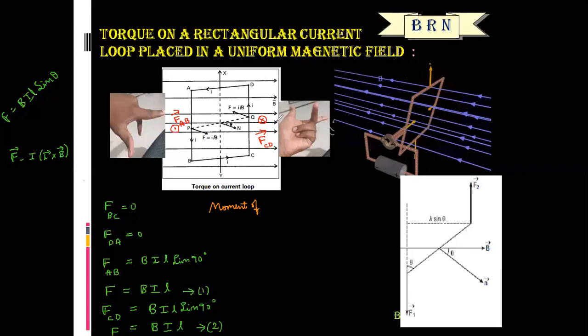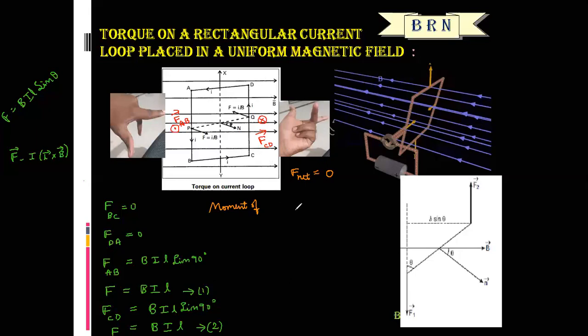Actually, here net force acting on the rectangular current carrying loop is zero. The net force is FAB minus FCD, so BIL minus BIL gets cancelled. The net force acting on the current carrying loop is zero.